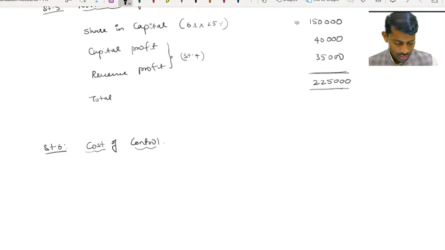Next, step number 6, cost of control. Here also we take the liability route. In the majority of cases we are going to use only the liability route. Only if, in a problem, the NCI is measured at purchase consideration and this information is available, then we will go with the asset route.